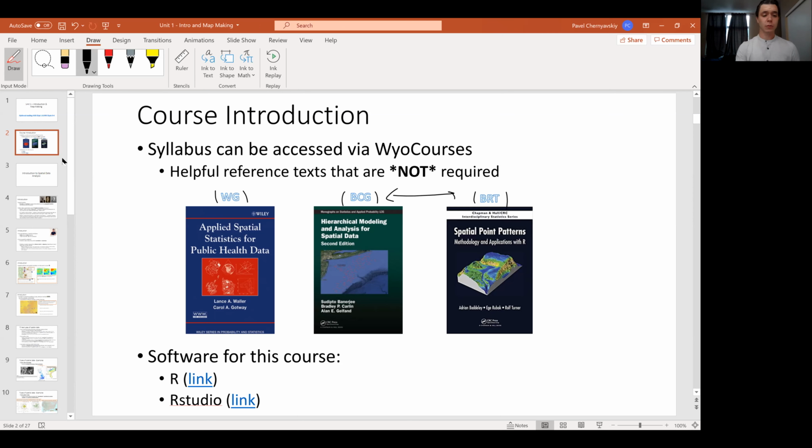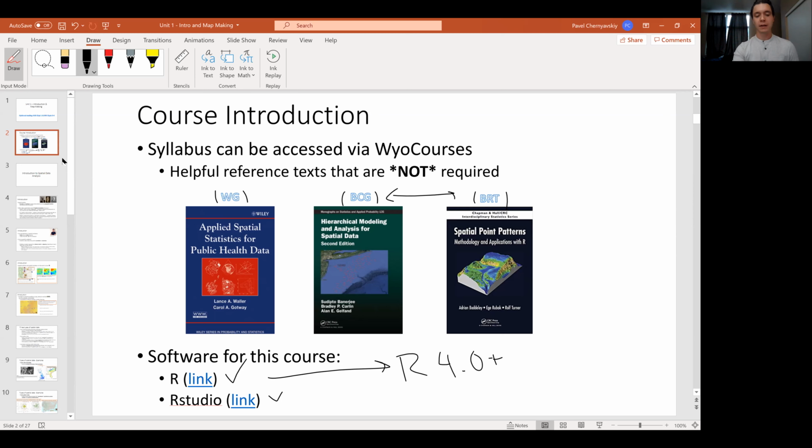Software for this course, we have, of course, R and RStudio. R has recently gone to 4.0, and I strongly recommend that you upgrade your R if you have not yet to R 4.0 or higher. They changed a few things, but there is one important change about how they consider variables with text.